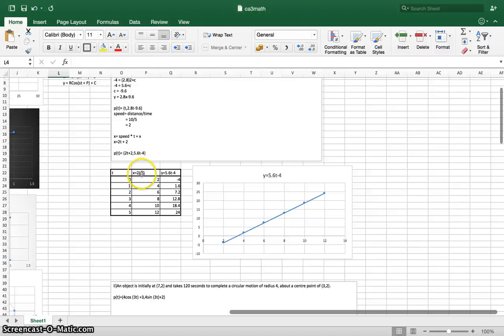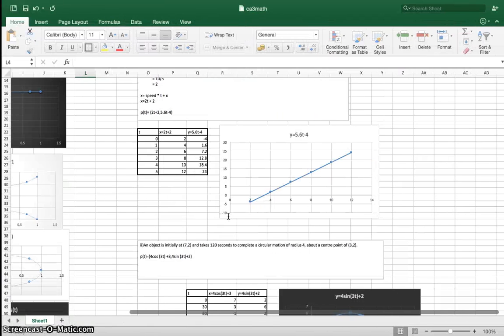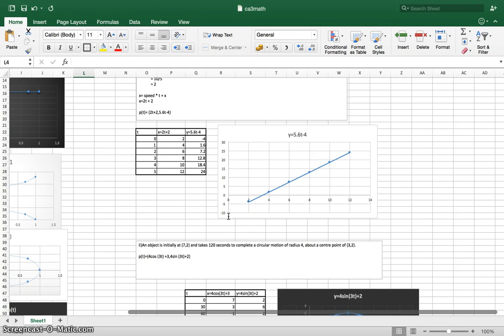So x = 2t + 2 and y = 5.6t - 4 will create a straight line when incorporated. While in a wave type motion, it's usually to the power of 2. In a graph, if you try x squared plus 5x minus 2, it will create y equals that equation, which is a type of wave.